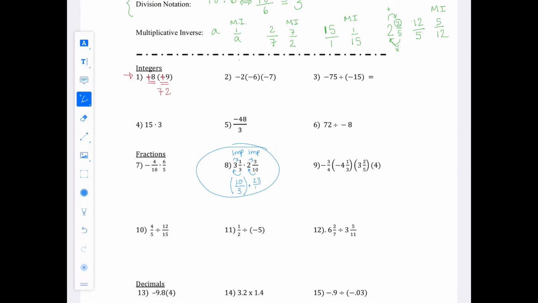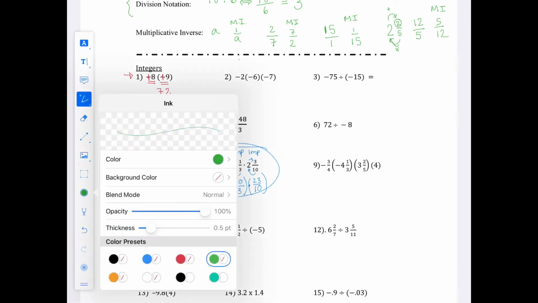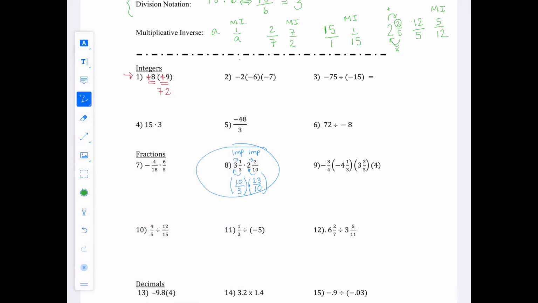23 over 10. Now, do we remember our rule when we are multiplying fractions? That rule is top times top, bottom times bottom. So let's go for it. So then this results in 10 times 23.